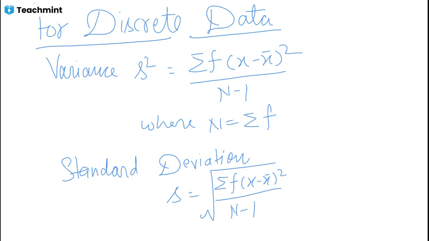Okay, just multiply f, as we have f in discrete data, nothing else is changed. Got it? Yes, ma'am. Okay, so now let's do one example related to these formulas.